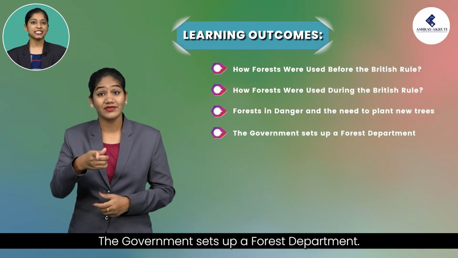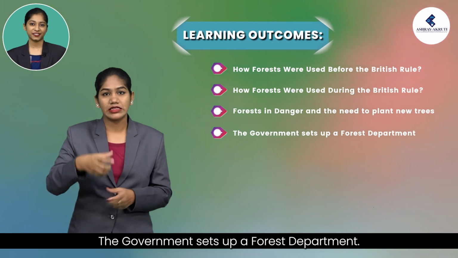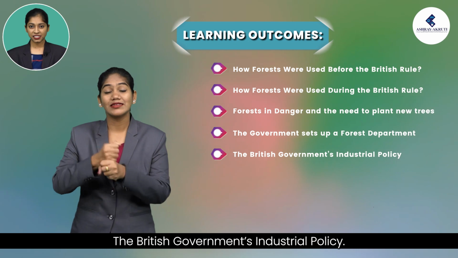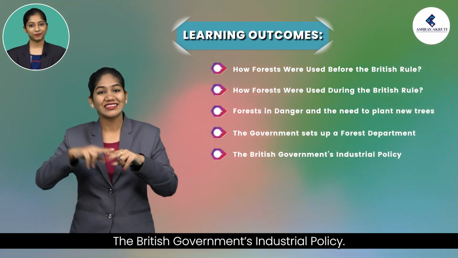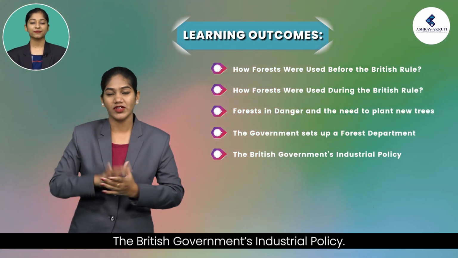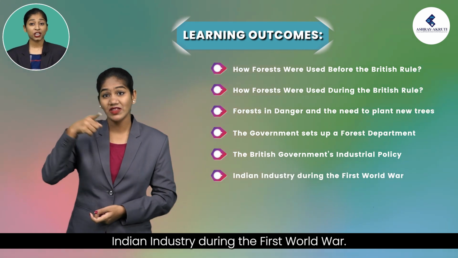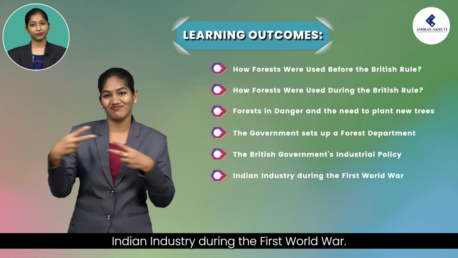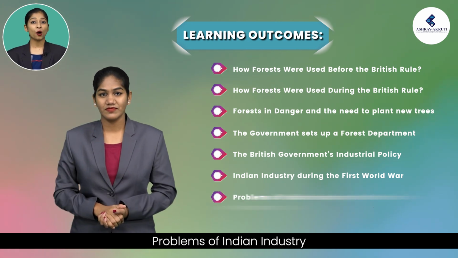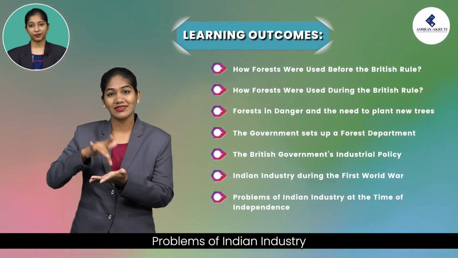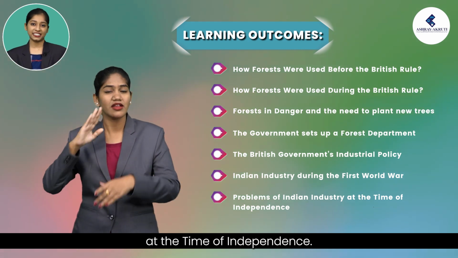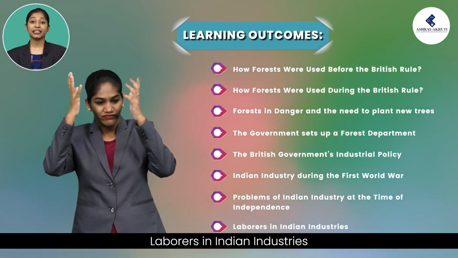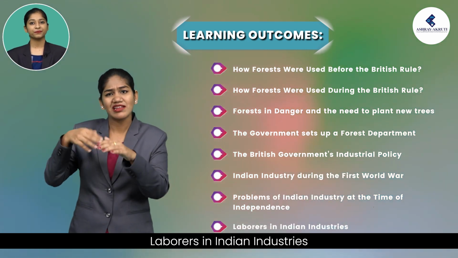The government sets up a forest department. The British government's industrial policy. Indian industry during the First World War. Problems of Indian industry at the time of independence. Laborers in Indian industries.